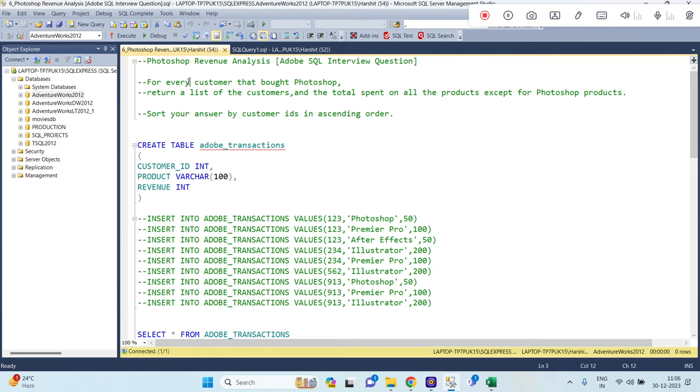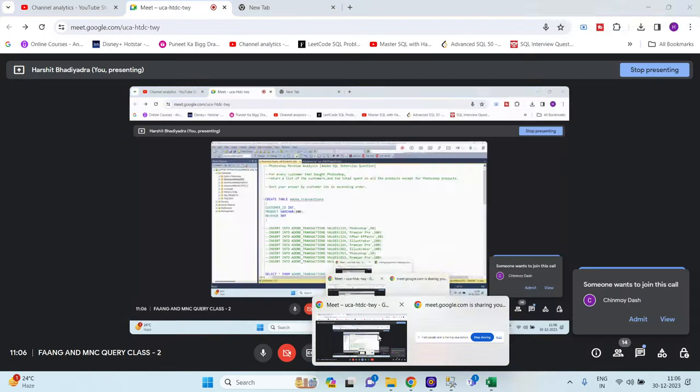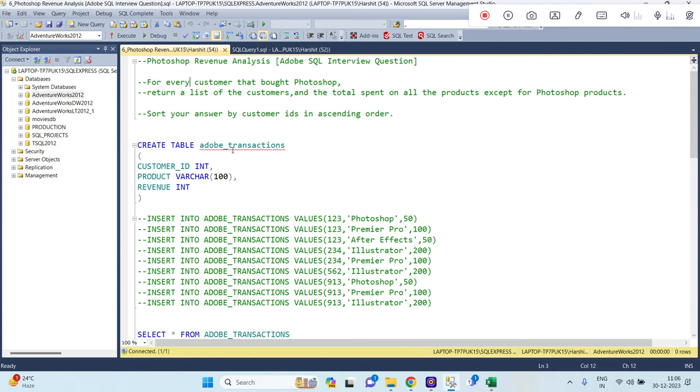For every customer that bought Photoshop, return a list of customers and total spent on all the products except for Photoshop products. I have created this table already. This is an Adobe transaction table in which customer ID, product and revenue are given.